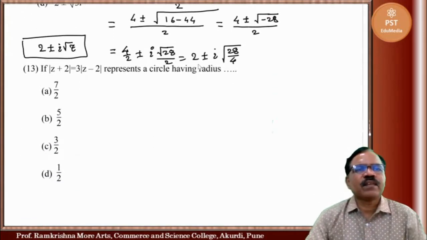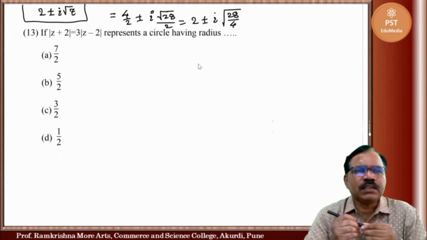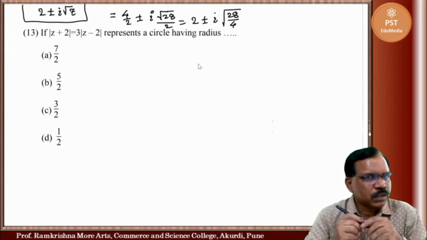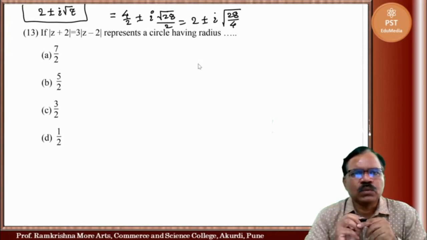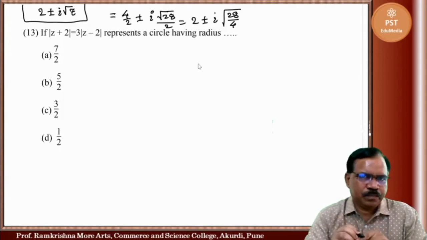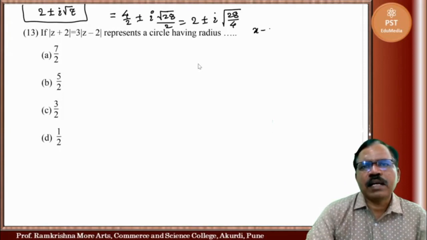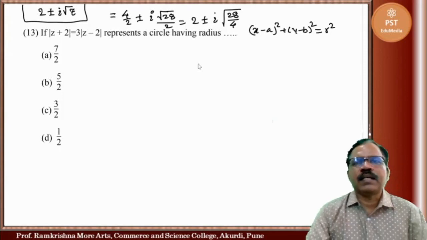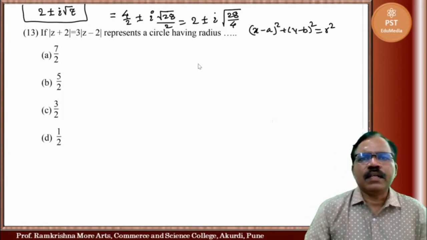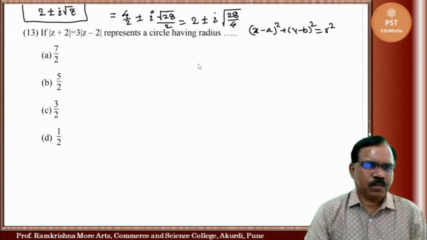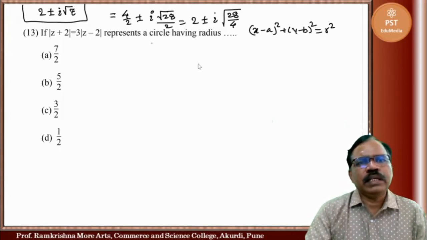Now next one. If modulus of z plus 2 is equal to 3 into modulus of z minus 2, it represents a circle having radius. Now we know equation of circle is x minus a square plus y minus b square is equal to r square. A and b represent coordinates of the center. Now here we know z is equal to x plus iy.